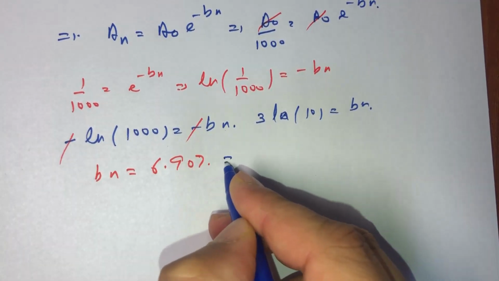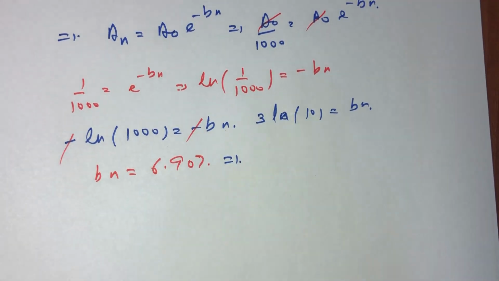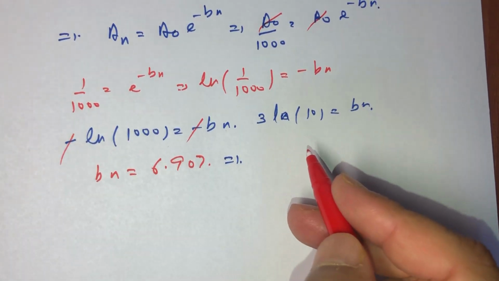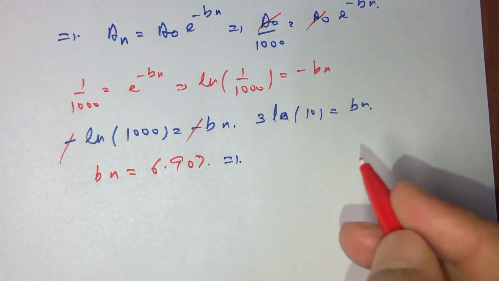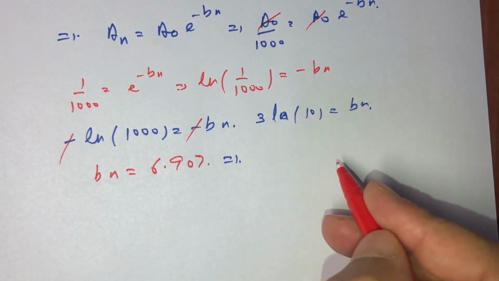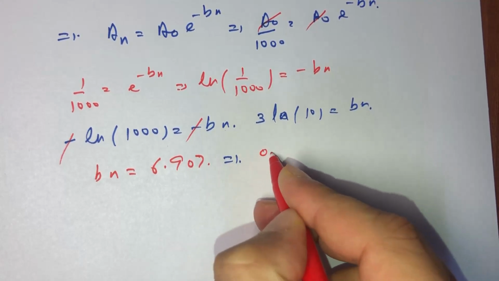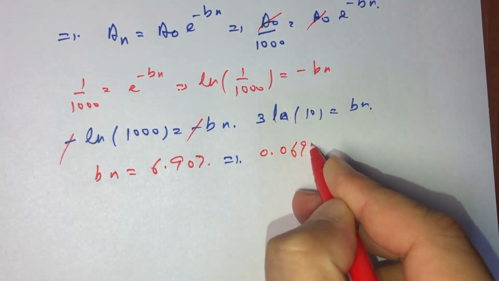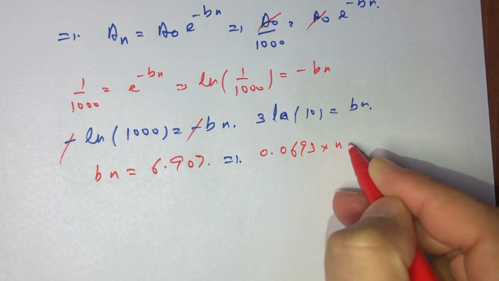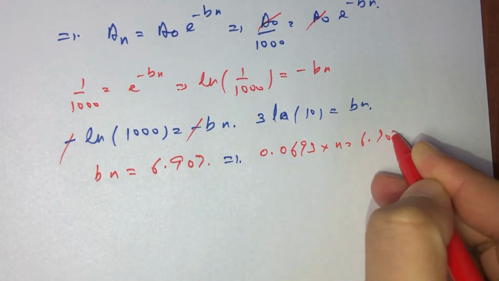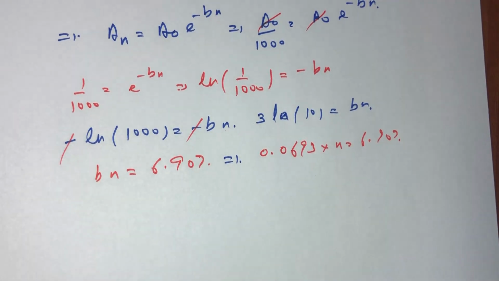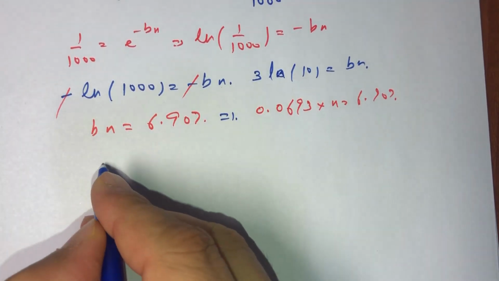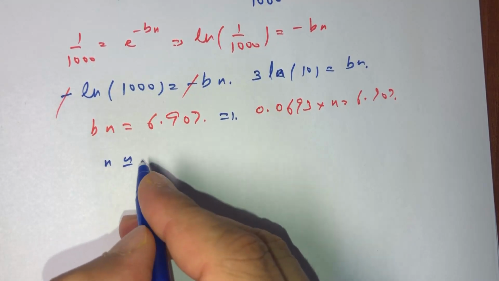So we substitute it here. B is 0.0693, multiplied by n is equal to 6.907. So we get that n is approximately equal to 100.